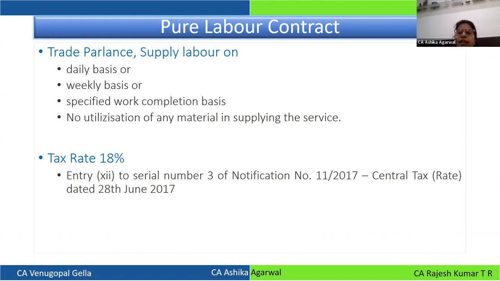It may also be, for example, that you have been engaged for construction of foundation. Then also it's labor, provided there should not be any material involvement. Now, we need to check that for a pure labor supply, because if there is a supply of material and it is in relation to immovable property, then it will become works contract service and the exemption will not be eligible for it.